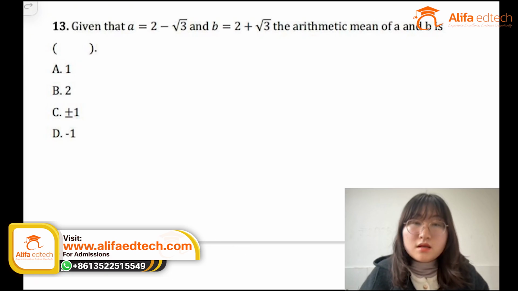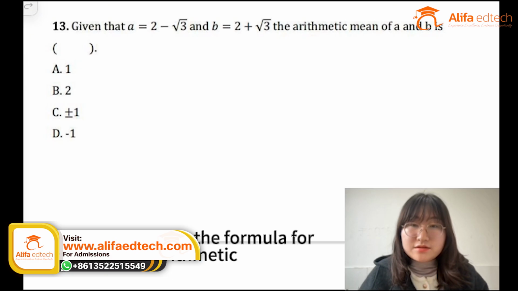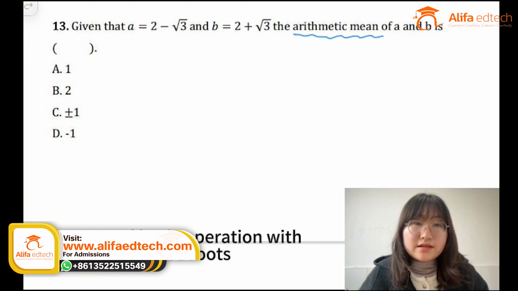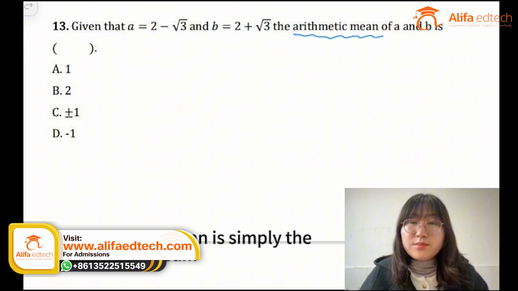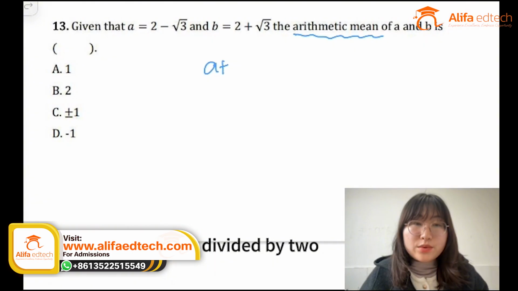Question 13. This question tests the formula for the arithmetic mean and basic operations with square roots. The arithmetic mean is simply the sum of the two numbers divided by 2.